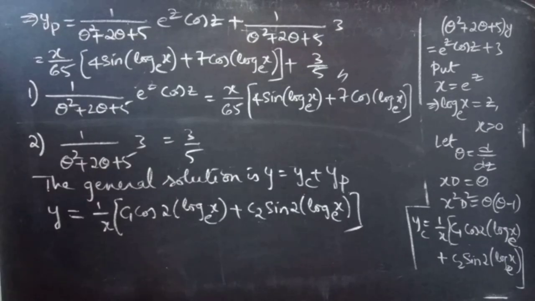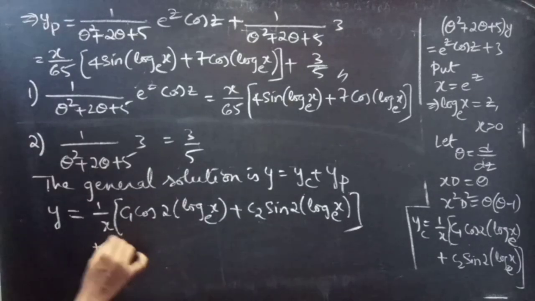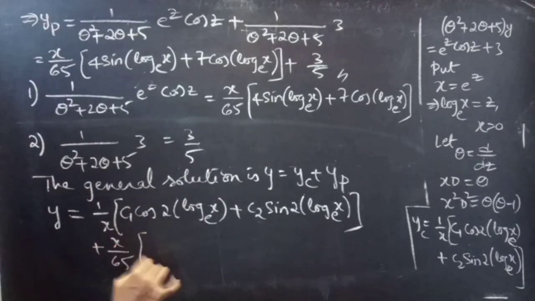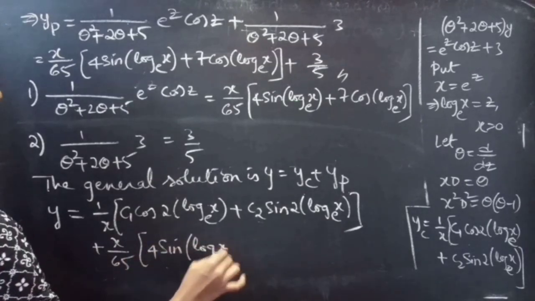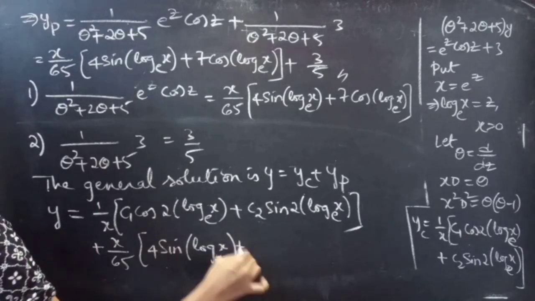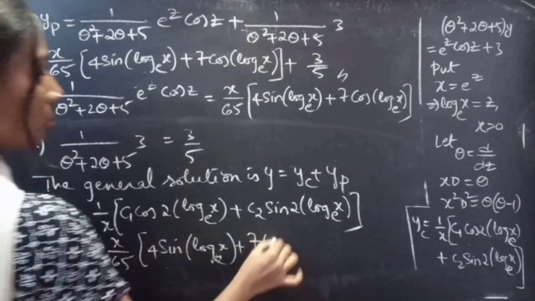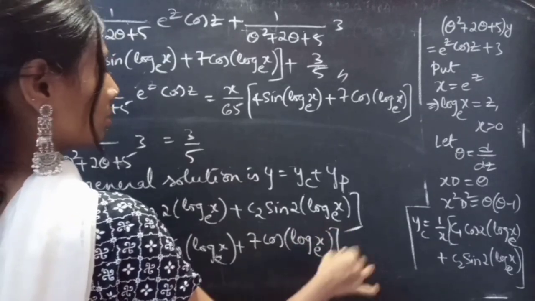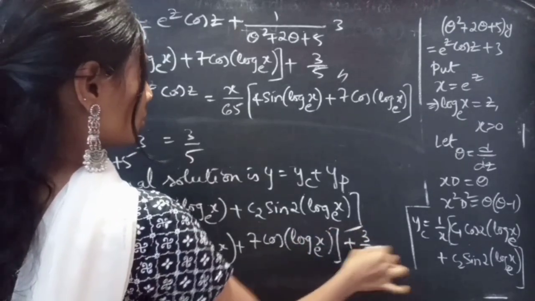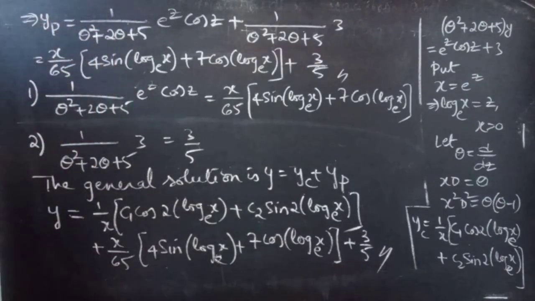Now coming to yp, we need to write yp here: x by 65 into (4 sine of log x to the base e plus 7 cos of log x to the base e) plus 3 by 5. This completes the problem.